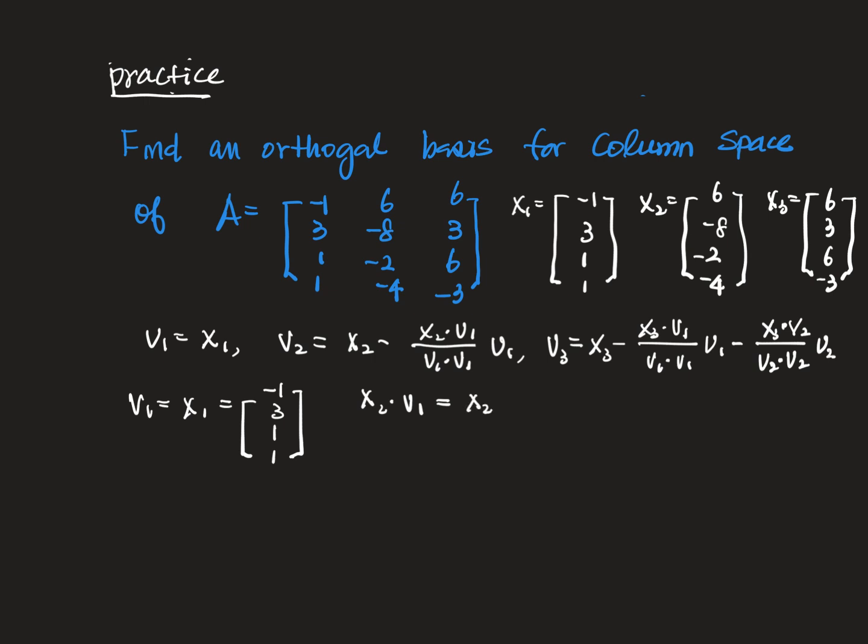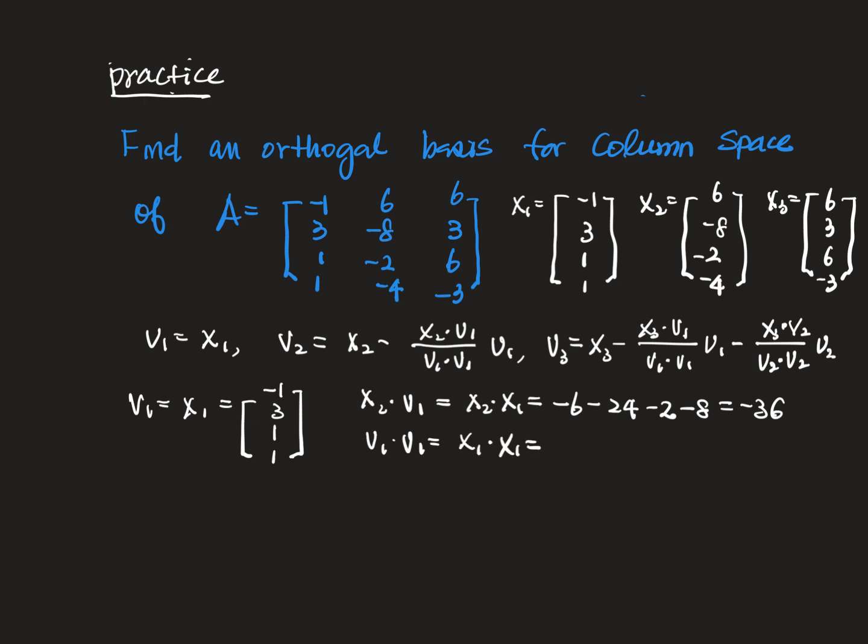x2 inner product x1 is -6, -24, -2, -8, which gives -36. Next is v1 inner product v1, another way of saying x1 inner product x1.